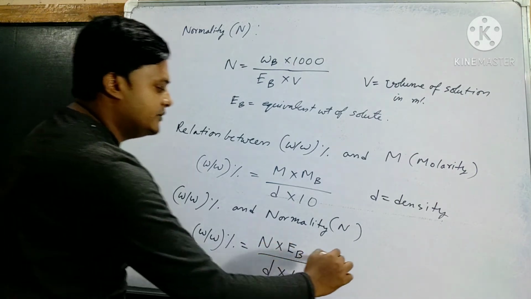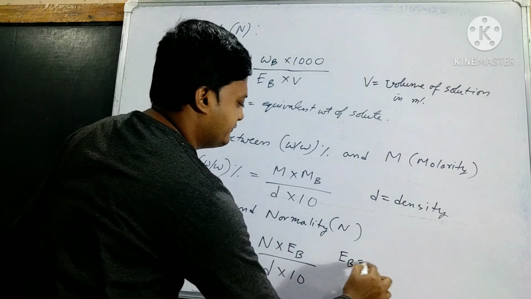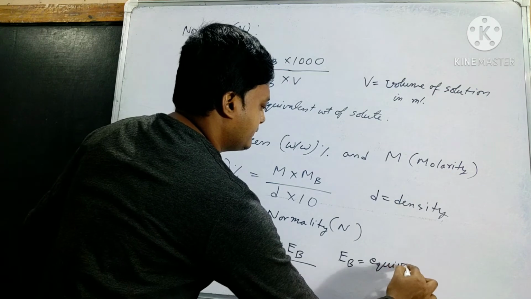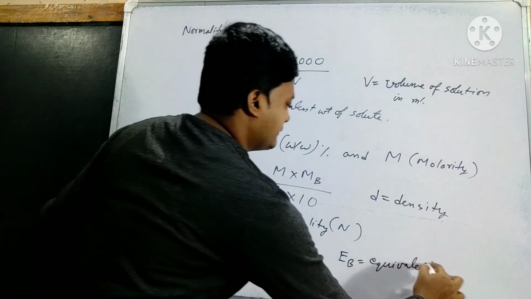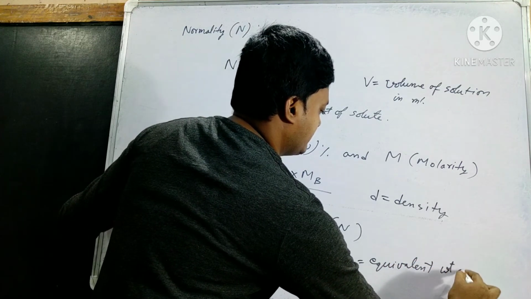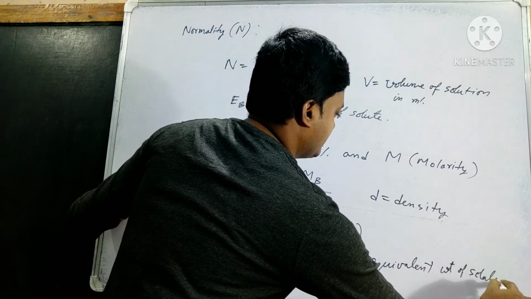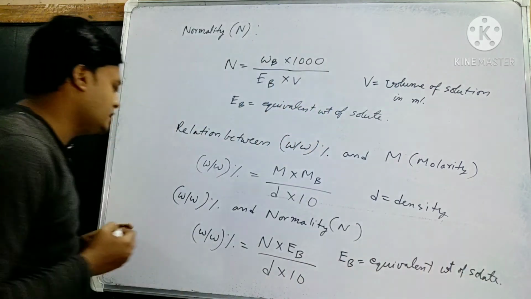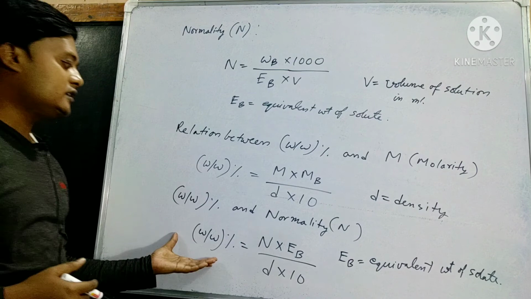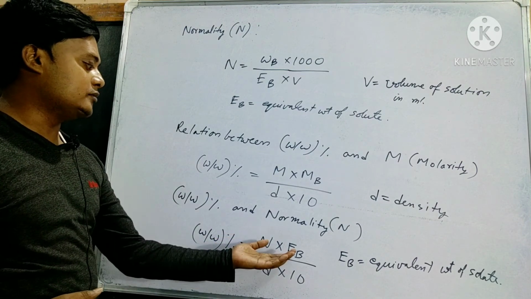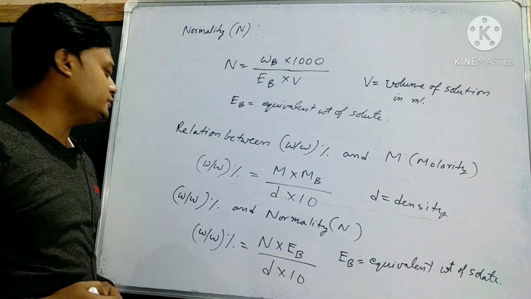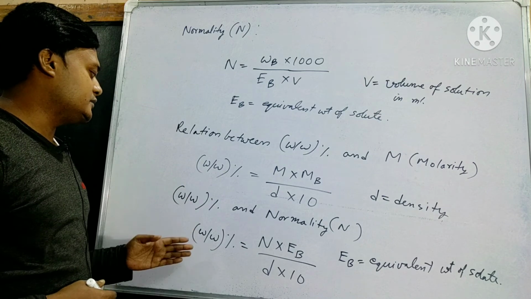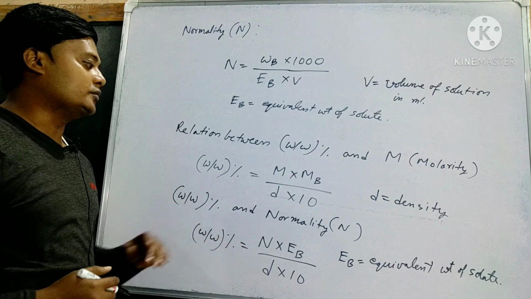Normality into EB, EB equivalent weight of solute. So mass percentage equal to normality into equivalent weight by D into 10. That is the relation between mass percentage and normality.